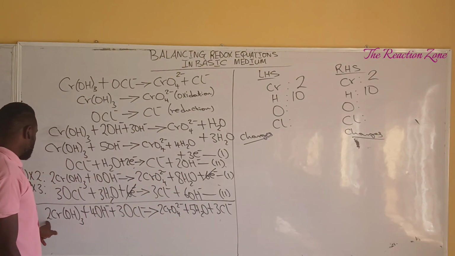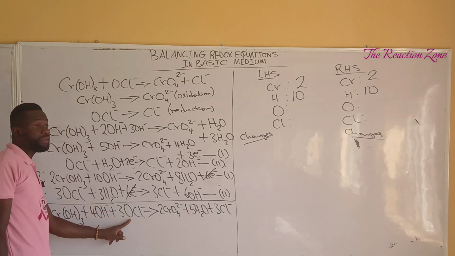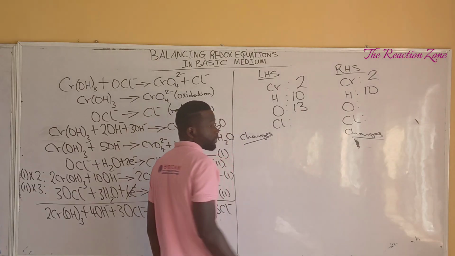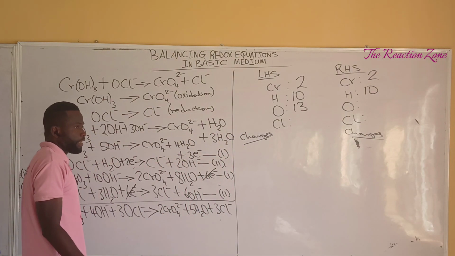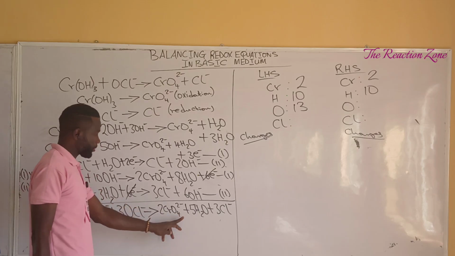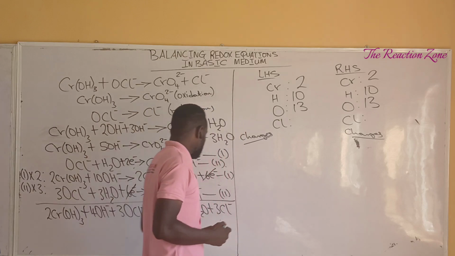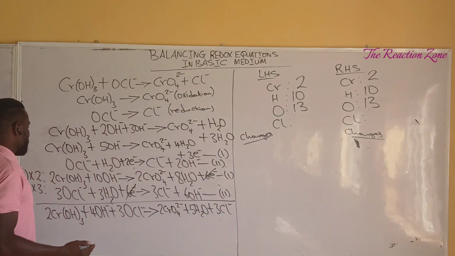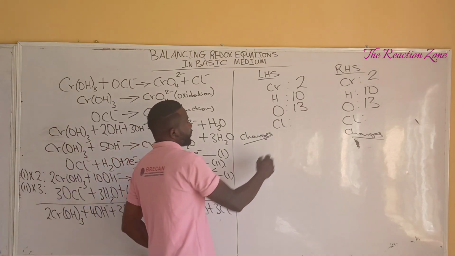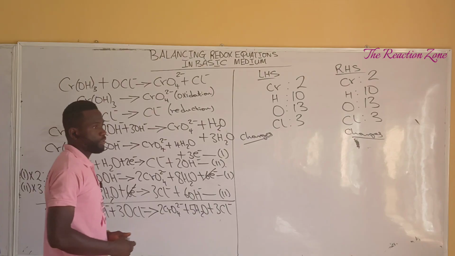Oxygen, we have 6 oxygen atoms plus 4, that is 10, plus 3, that is 13 oxygen atoms here. And then on the right, we have 2 times 4, that is 8 plus 5, that is also 13 oxygen atoms. And then for chlorine, we have 3 chlorine atoms here and 3 chlorine atoms here.